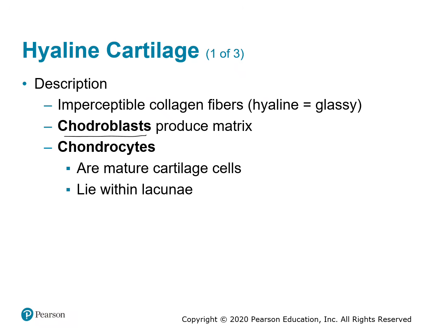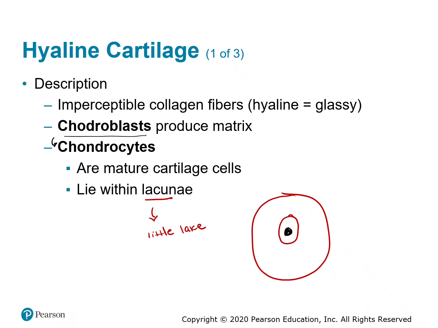And then eventually those chondroblasts will mature into chondrocytes. And those chondrocytes will sit in what we call a lacunae. Lacunae means little lake. Okay, so it sits in there. As it is secreting its matrix, the matrix kind of grows around it, and then it gets stuck in there. Once it's stuck, it is now a chondrocyte.